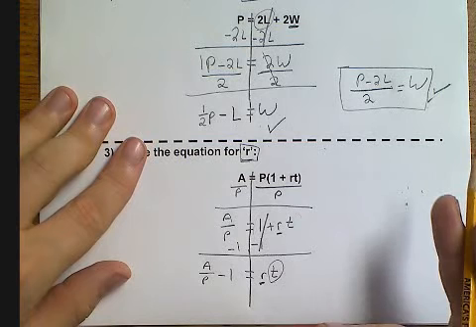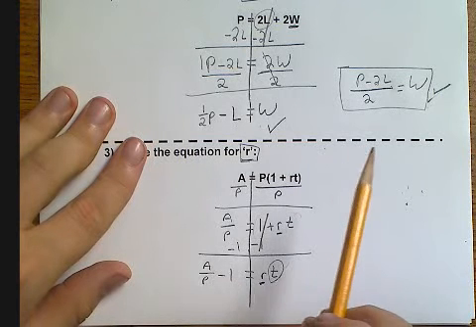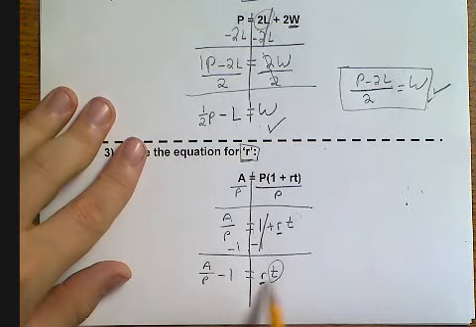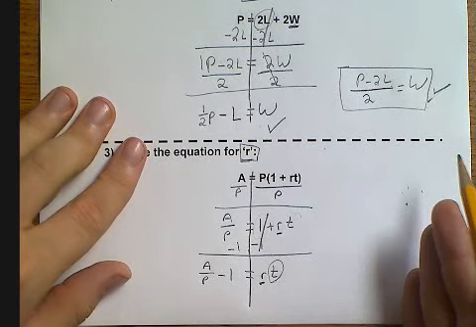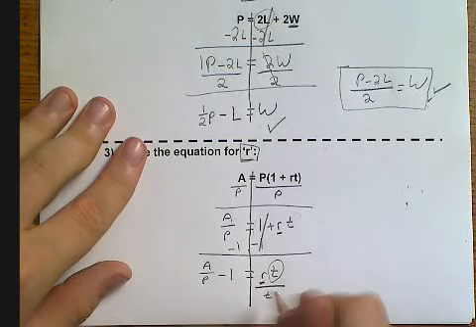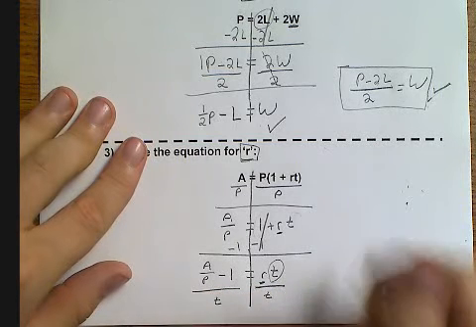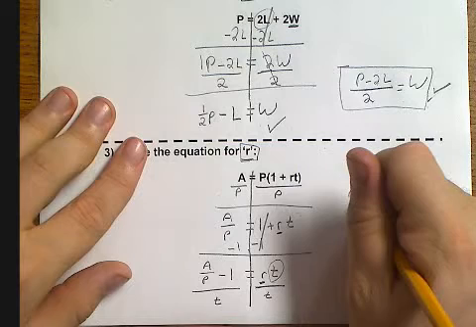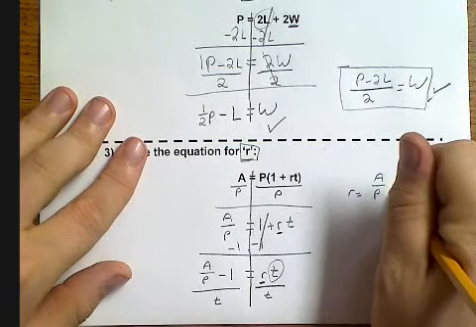Well, just like when I said a number and a letter side by side mean that you multiply, 2 letters side by side also mean that you multiply. So, the opposite of that is, of course, to divide. And so we get that R equals A over P minus 1 divided by T.